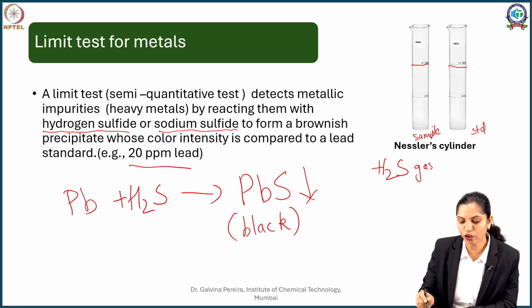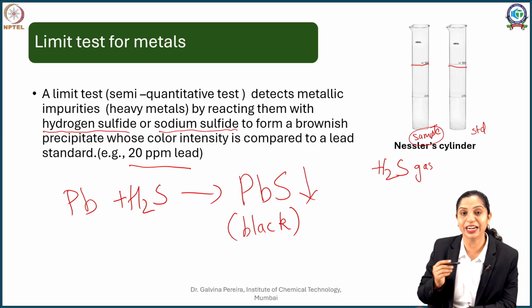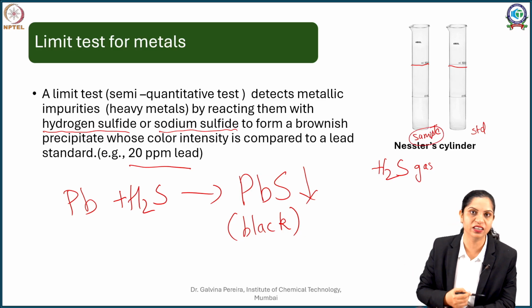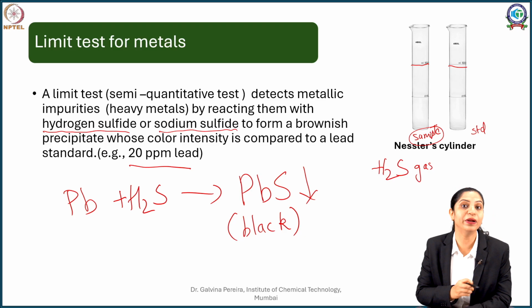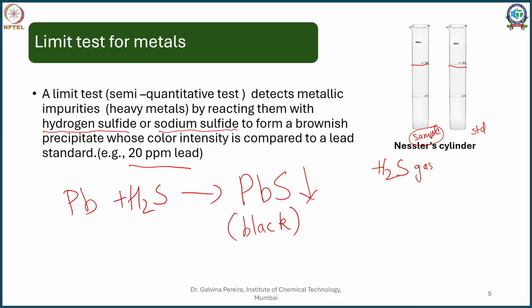If the brown tint of my sample is darker than that, what does it mean? That means my lead concentration is higher than 20 ppm. In that case, my sample fails. But if the color of my sample is lighter than the standard 20 ppm lead, in that case I can confidently say that yes, my sample might have heavy metals, but they are below the limits. So that is how you do the limit test for metals.